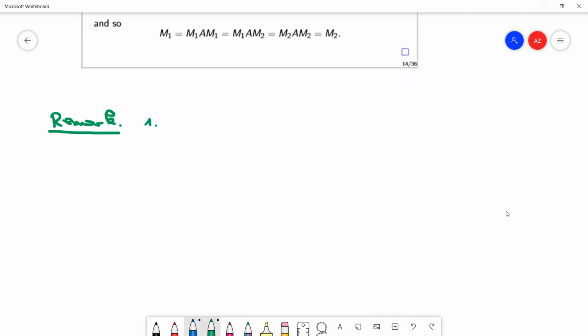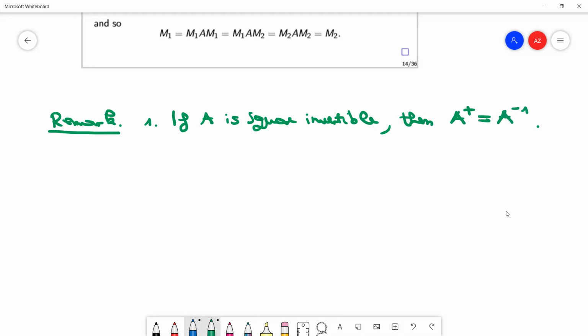The first remark is that if A is invertible, then A plus is just the inverse of A. It's really easy to check that the inverse of A satisfies the 4 conditions in the definition of the Moore-Penrose inverse. So this is the first remark.